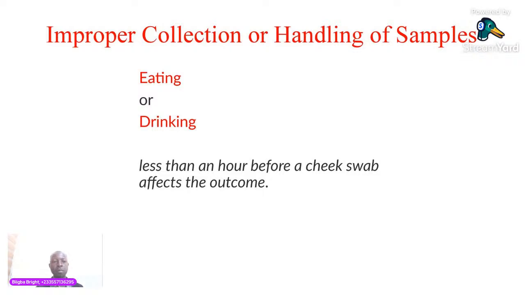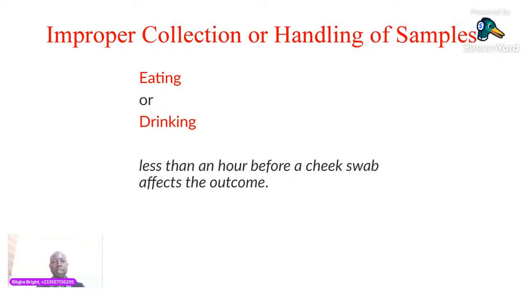Saliva. Now, one of the problems that can make DNA results invalid is improper collection and handling of samples. For instance, I just mentioned the buccal swab, that is the mouth, you are taking the saliva.